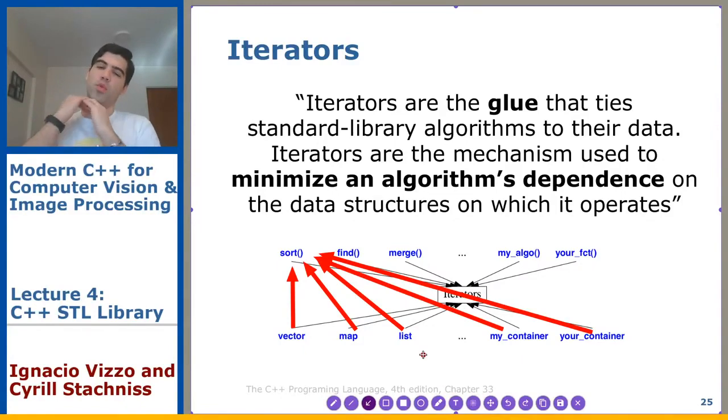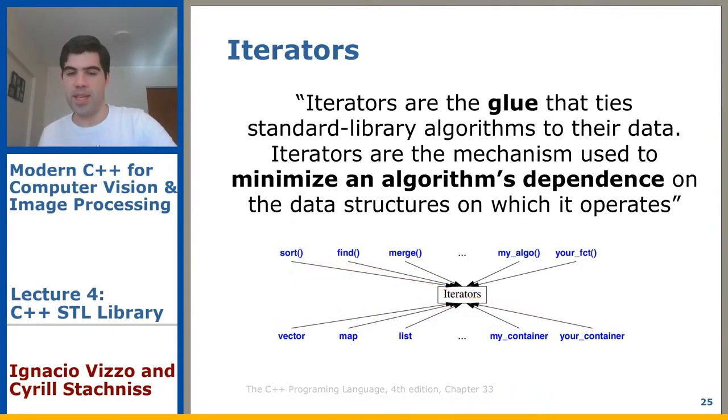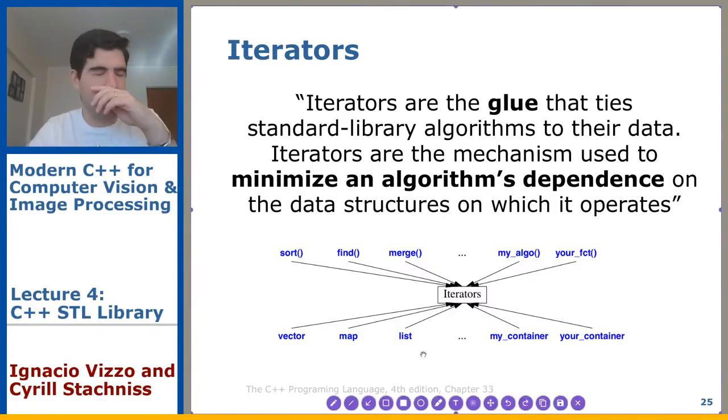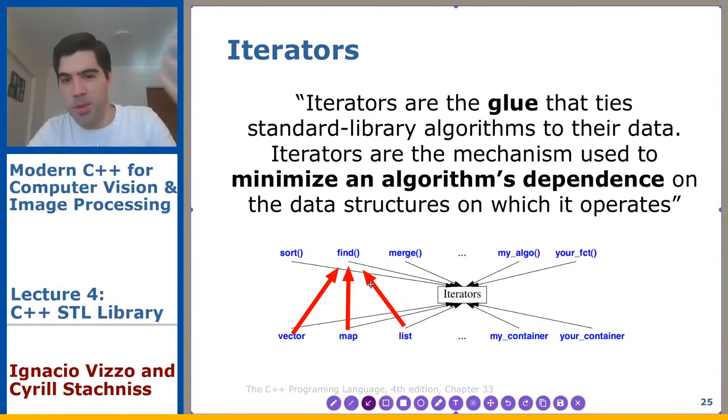And then you need to overload this sort function for an infinite amount of containers. Let's pretend that you also want to, for example, do a find. You want to find an element in the container, and instead of using iterators, you will do one function for vector, one function for map, one for list, and so on. So you get the point, I guess.